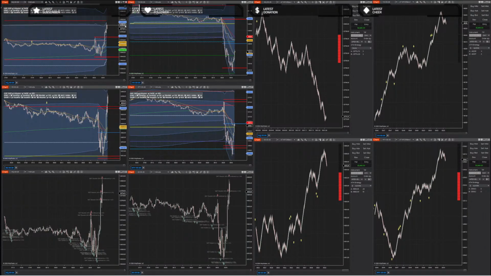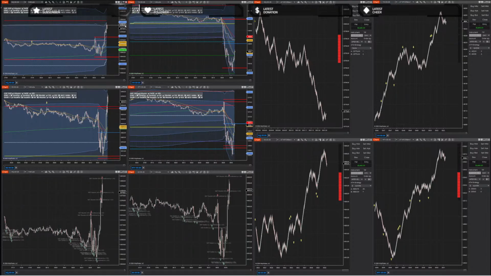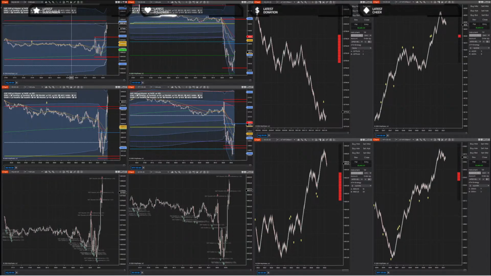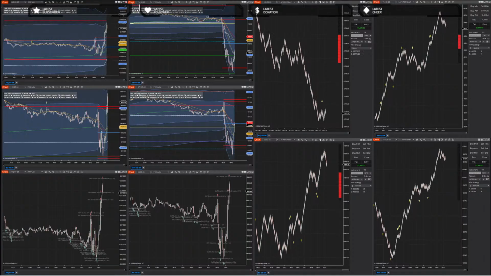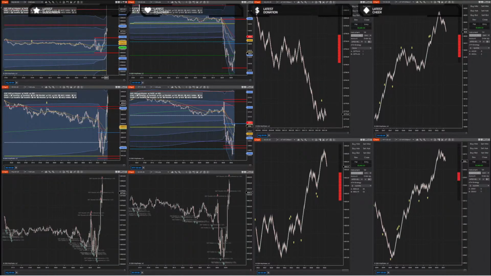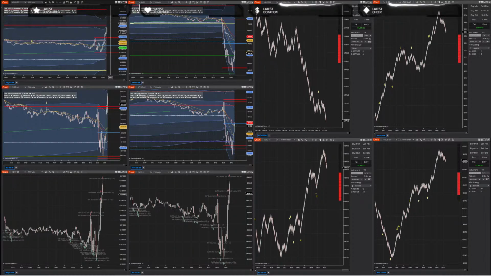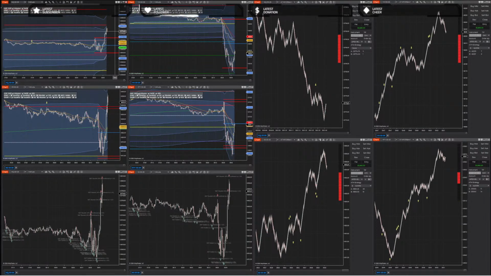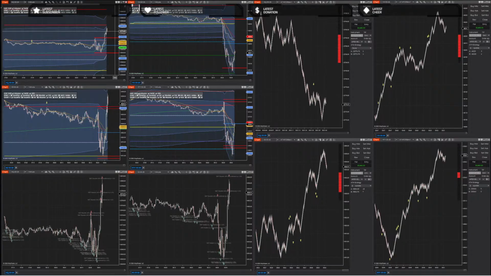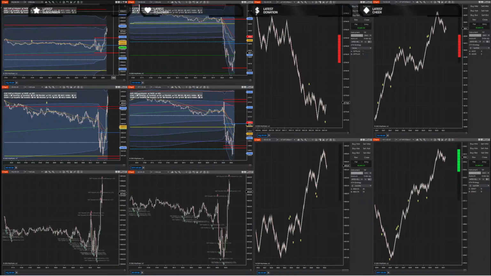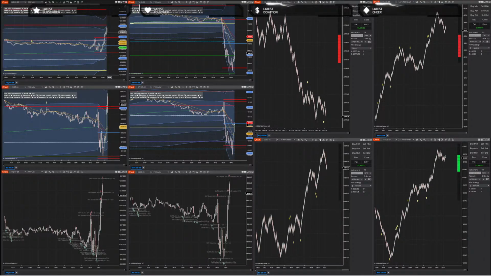If I was going to make a call for the rest of the day, I would probably say it will go up to this pivot point. If it goes up to here, then I would expect it to probably pull down towards the end of the day. Maybe it'll come back down to here and just mess around.